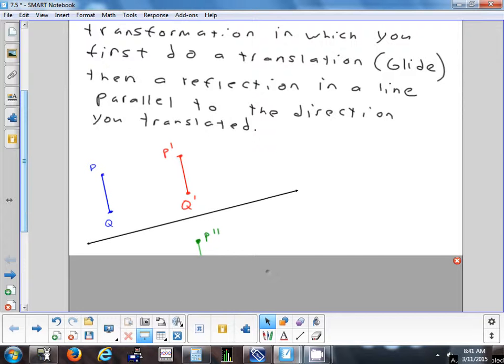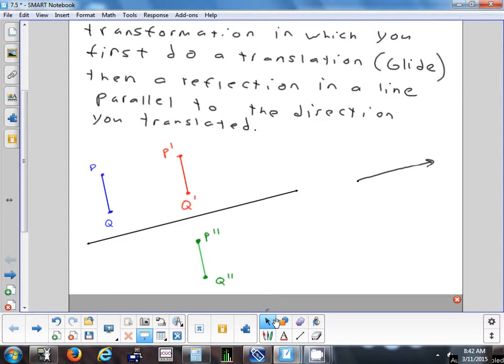Let's say you translated point P to the right and up a little bit. Well, the line that you reflect over has to go to the right and up a little bit. So the direction of translation has to be parallel to the line you reflect over. Otherwise, it's not a glide reflection.